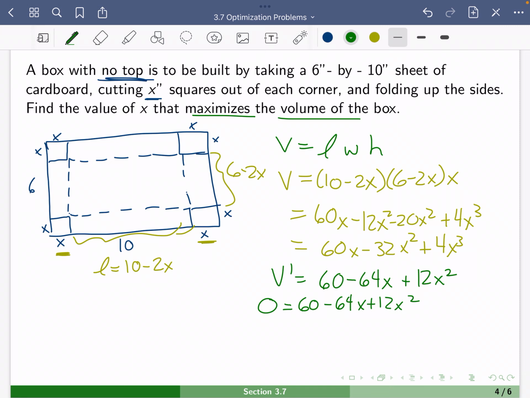When we go about finding these critical numbers, we could use the quadratic formula. x is equal to negative b, so we'll have positive 64 plus or minus the square root of b squared minus 4ac. Oh, I have my ac backwards because I did not write it as 12x squared. Not that it would have mattered, because multiplication is commutative, but I'll switch it around.